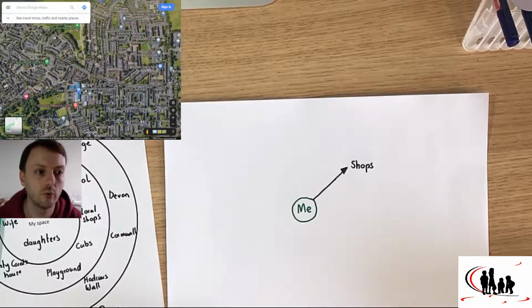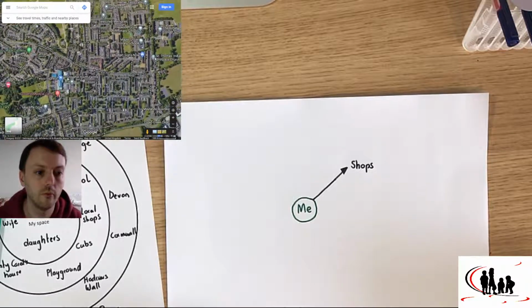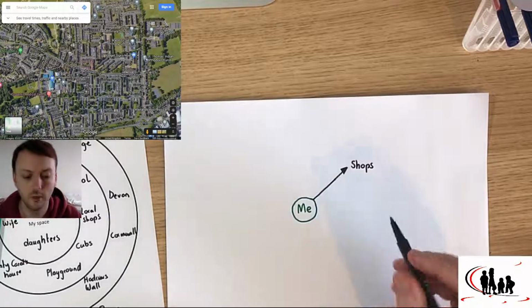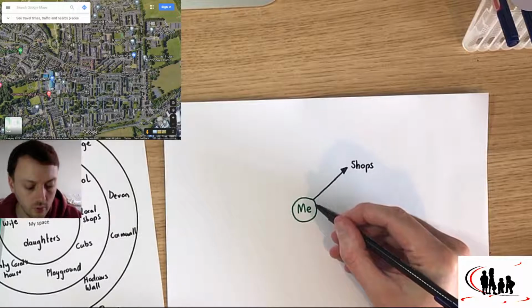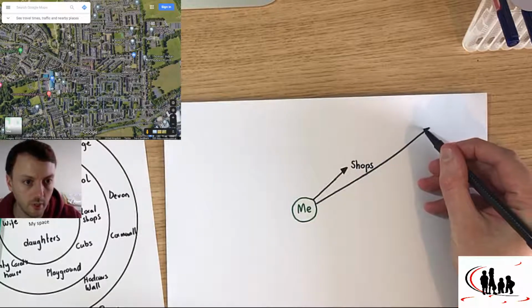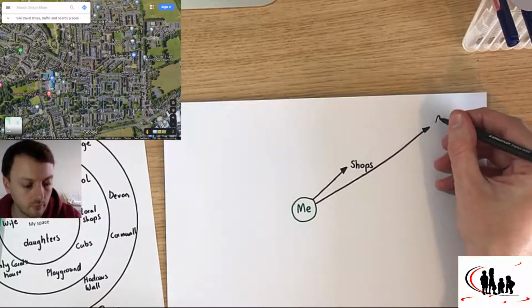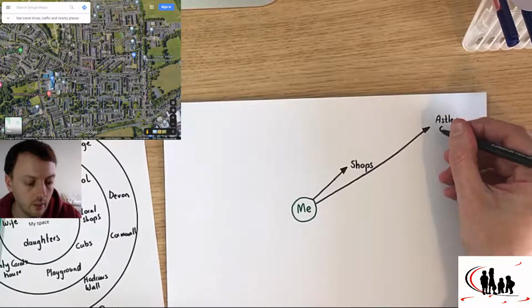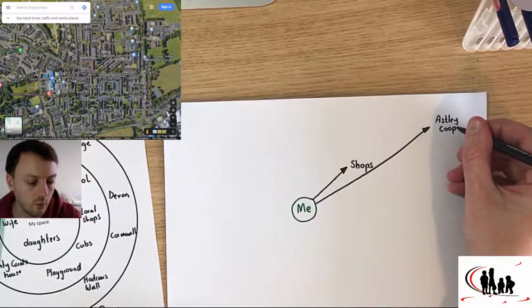And Ashley Cooper School is over there. So as I just driving the corner, and Ashley Cooper in the top right hand corner. So it's a similar direction to the shops, but it's much further away. It's about, whoops, that's as far away as you can get in Grove Hill. So I'll put Ashley Cooper.